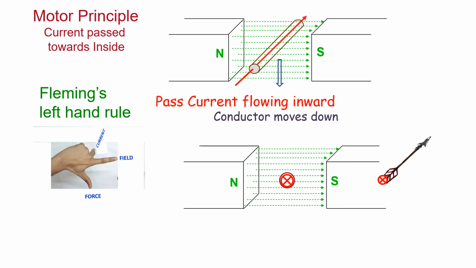If you treat the current by an arrow going inside, the tail of the arrow, which is a cross, indicates the current going inwards. If you apply now the Fleming's left hand rule in the similar way, showing the field by means of the first finger, the second finger showing the current direction, the thumb gives you the force direction. It's now in the downward direction.